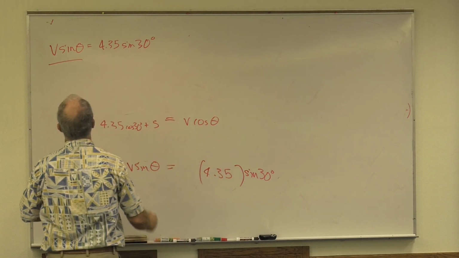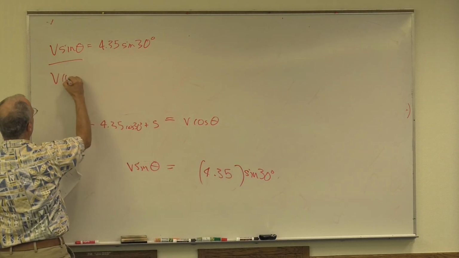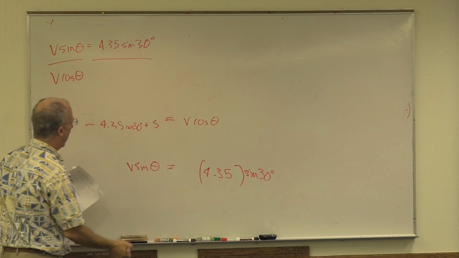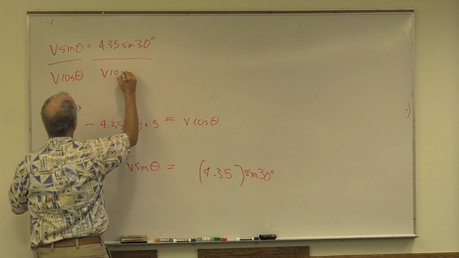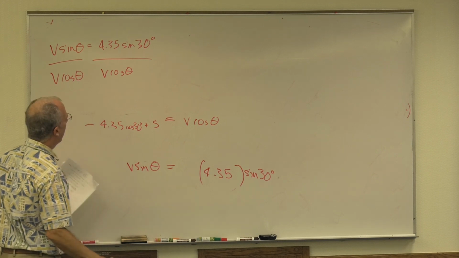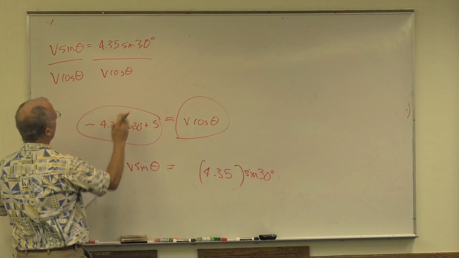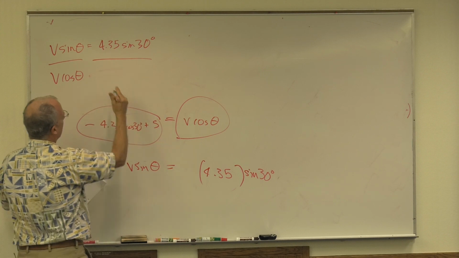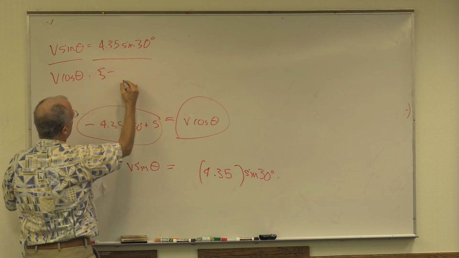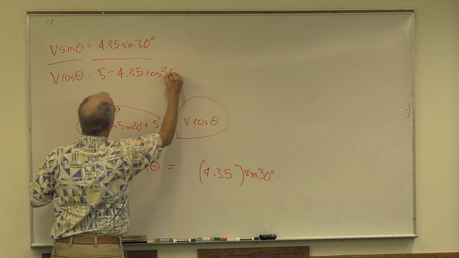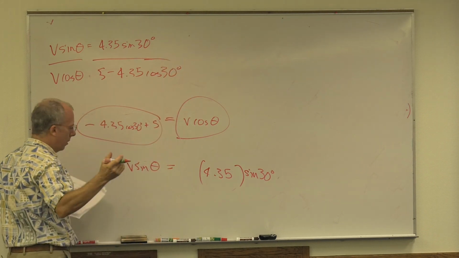Now let's divide this side by v cos theta. Well, if you do something on the left, you can do it to the right, right? So we divide that by v cos theta. V cos theta is equal to that. Well, let's substitute: 5 minus 4.35 cos 30. So that's good old, good math.